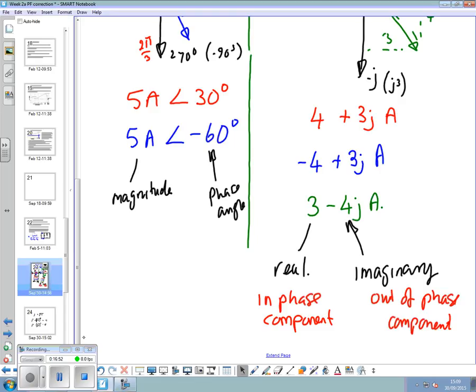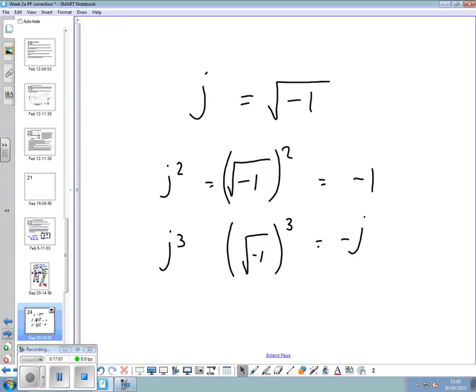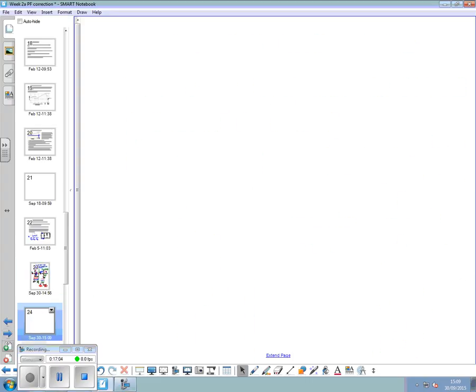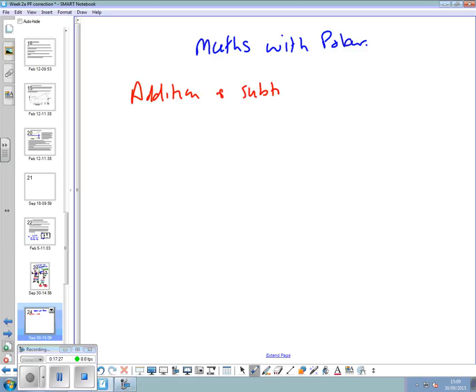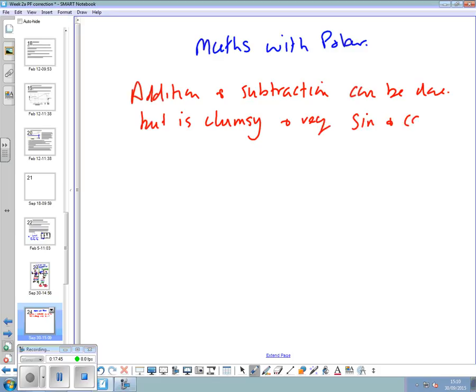Maths with polar: addition and subtraction can be done, but is clumsy and requires sine and cosine rules.